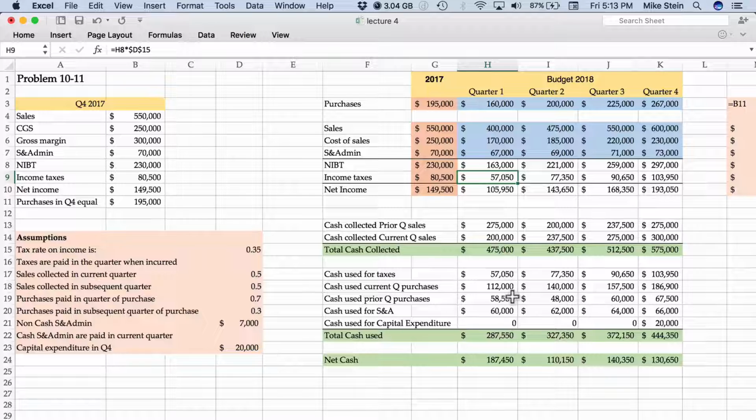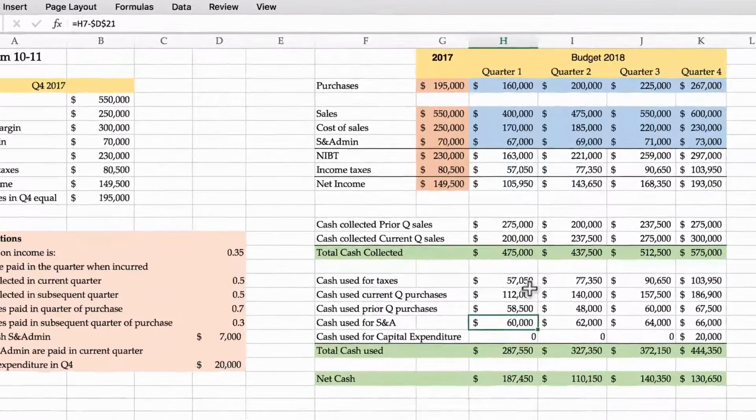Cash used from current purchases, once again, 70%, notice the absolute reference, times the current purchases. Cash used for prior quarter purchases, 30% times the prior quarter, so that's lagged. Cash used for S&A.